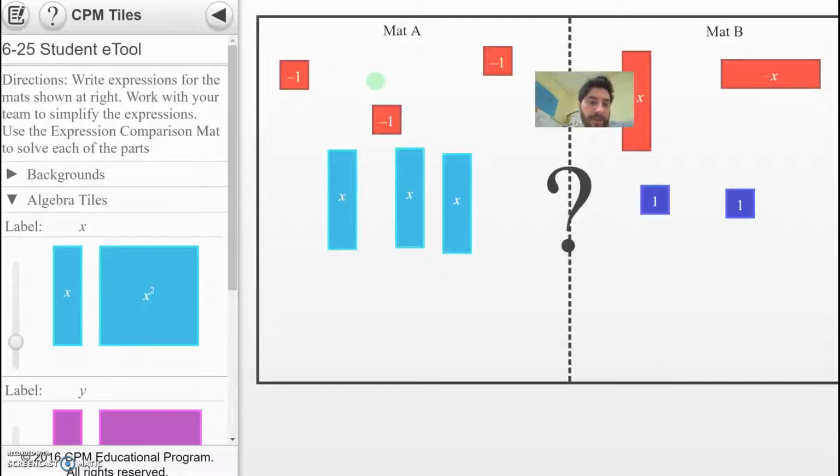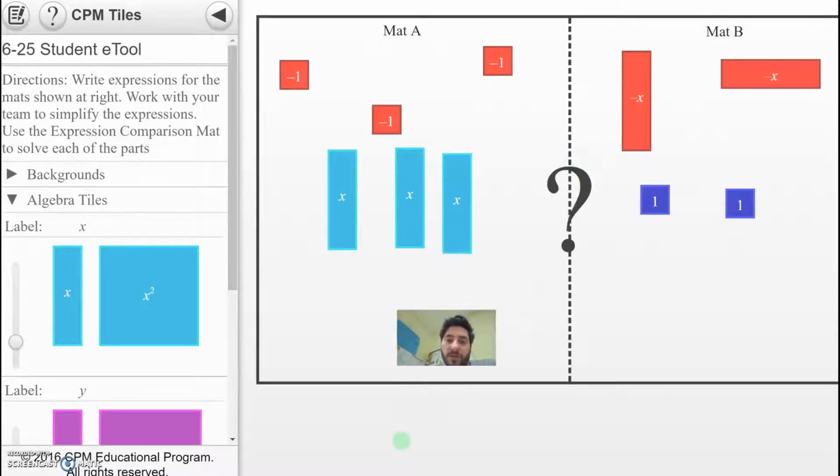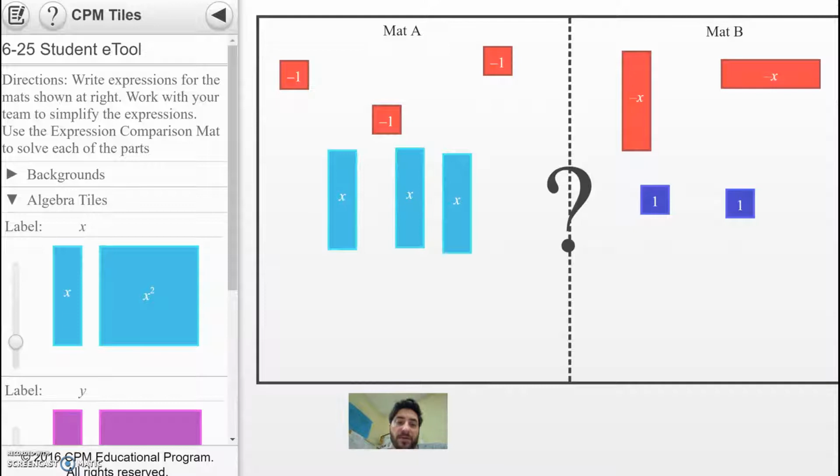If you use the E tool, you can build both of those expressions. So we've got -3 plus 3x, and then we have 2 minus 2x's.